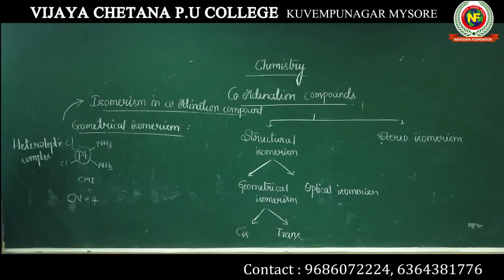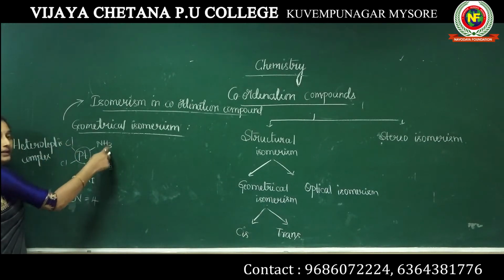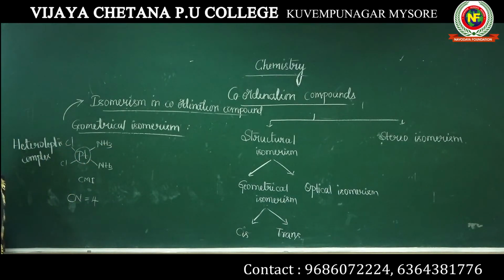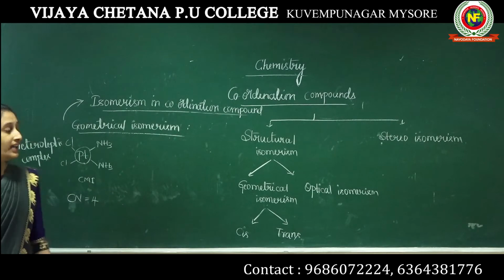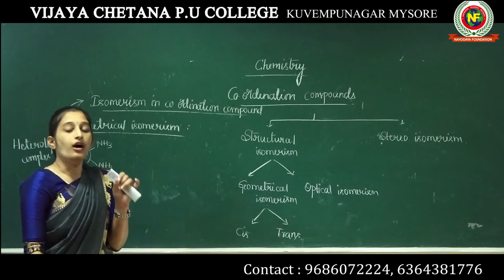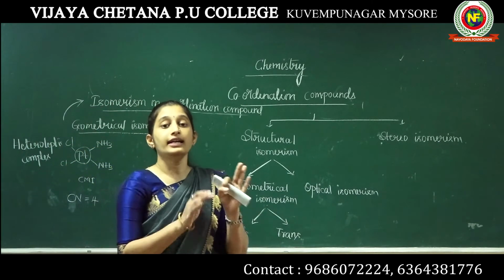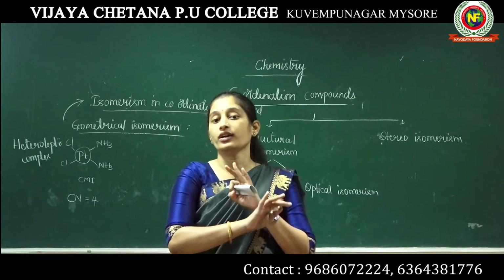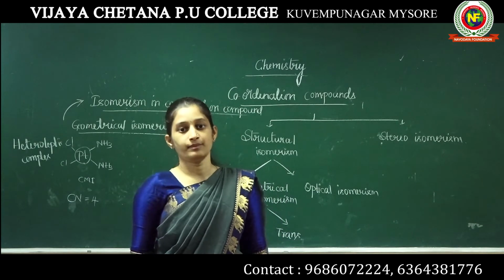No. 2 ligands are chloride and 2 ligands are ammonia. It is an example of a heteroleptic complex. Heteroleptic means more than one type of ligand. Geometrical isomerism we always observe in heteroleptic complexes but not in homoleptic complexes.